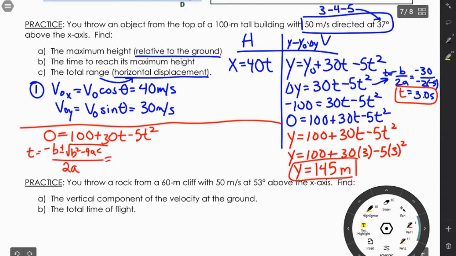That's our quadratic equation. We're going to do negative 30 plus or minus the square root of 30 squared minus 4 times negative 5 times 100, divided by 2 times negative 5.